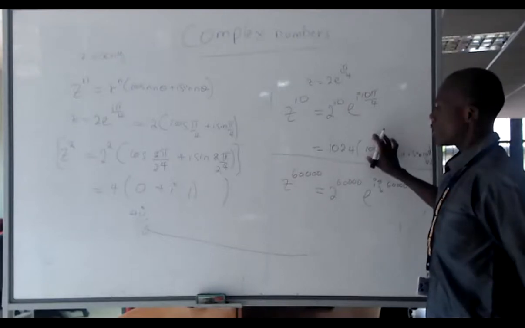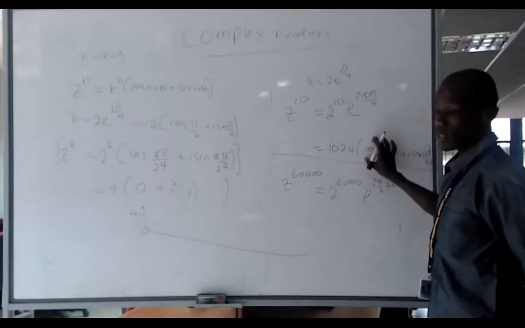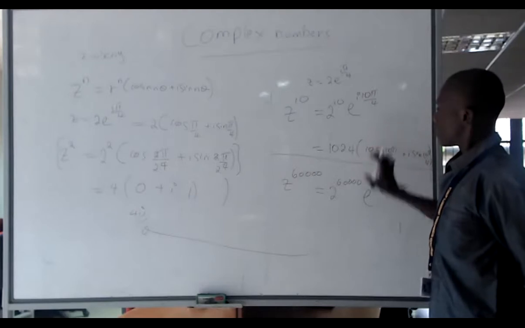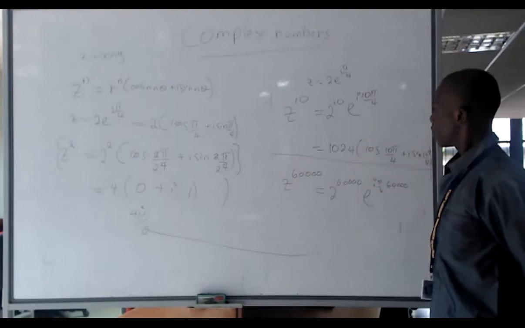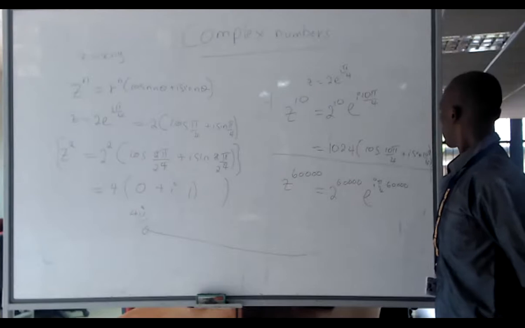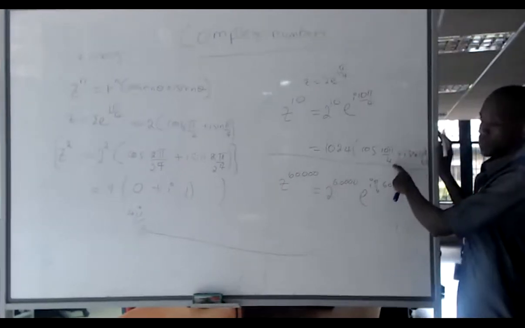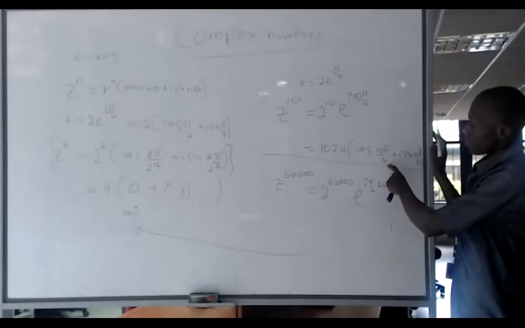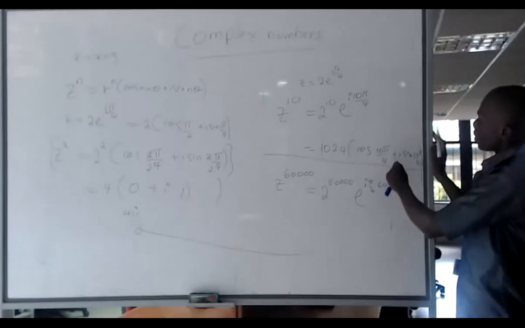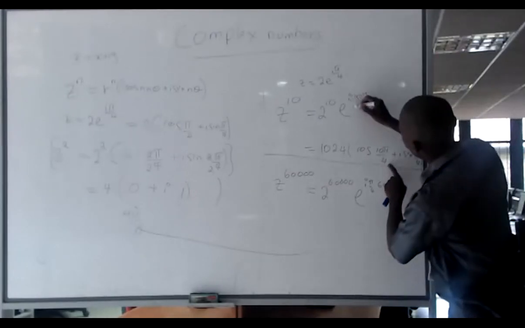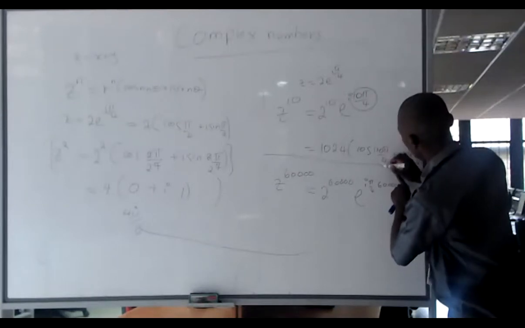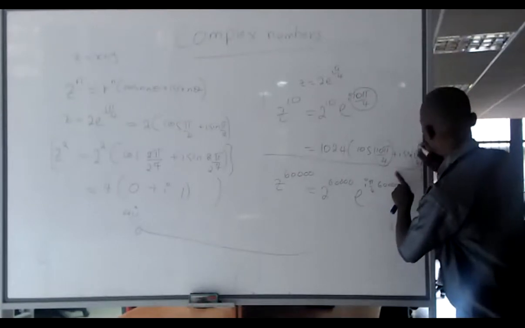You can leave your answer at this one, or do you want us to simplify this? I can't quite read the end part after cosine of 10 pi over 4. Yeah, this is just what I have up here. It's the same thing.